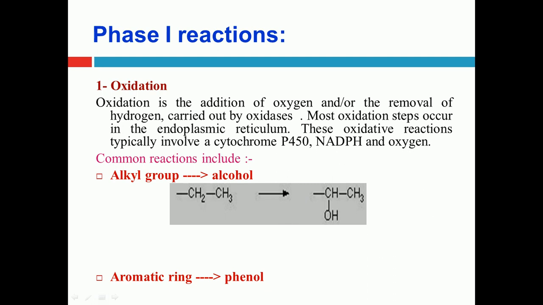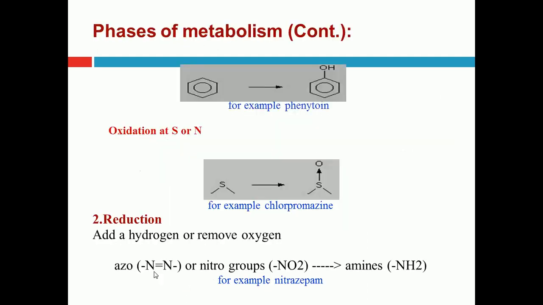Then there could be an aromatic ring. An aromatic ring contains the benzene or the cyclic ring. For example, phenol. Here is the example: this is the benzene, being converted into phenol. An example is phenytoin, a drug used for epilepsy.